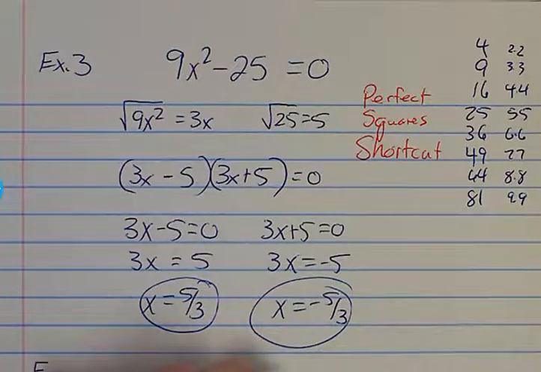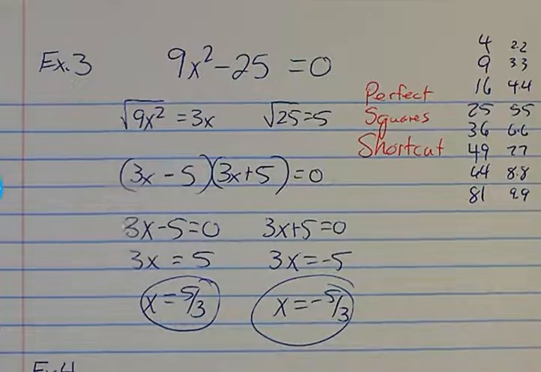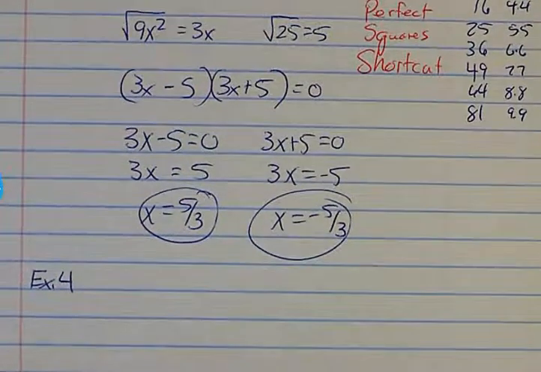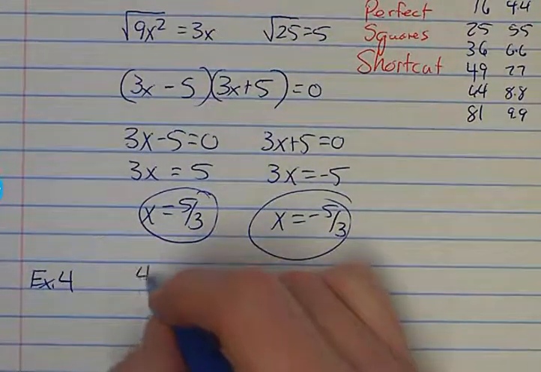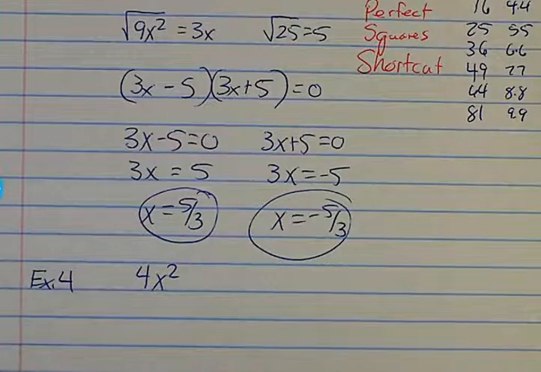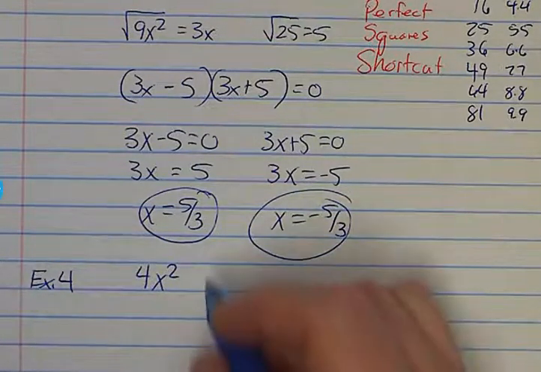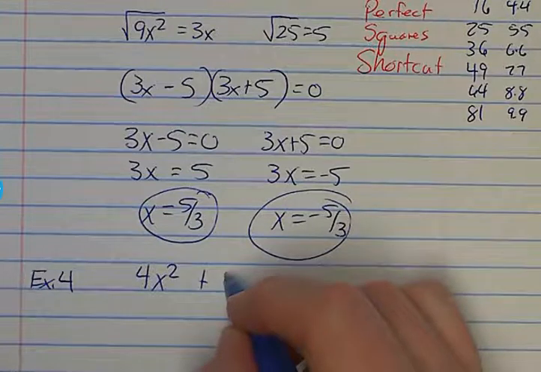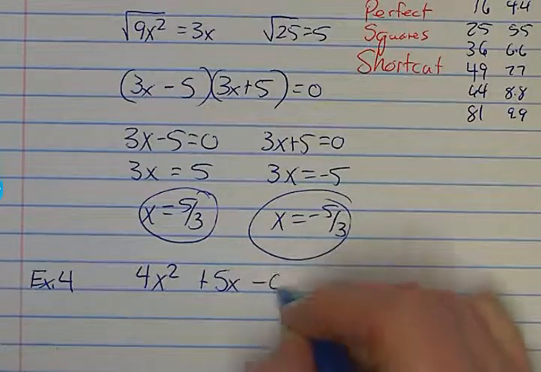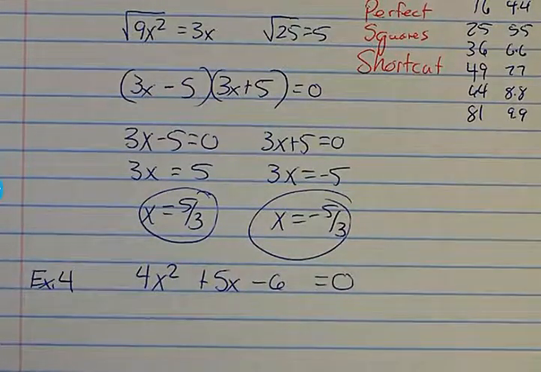Alright, halfway there. Alright, let's go with 4x squared plus 5x minus 6 equal to 0.